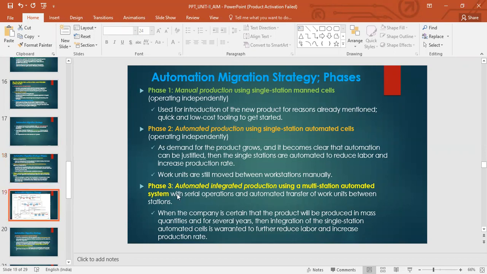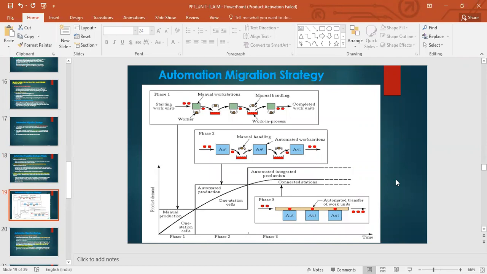So is this diagram clear about the automation migration strategy? No doubts, right?